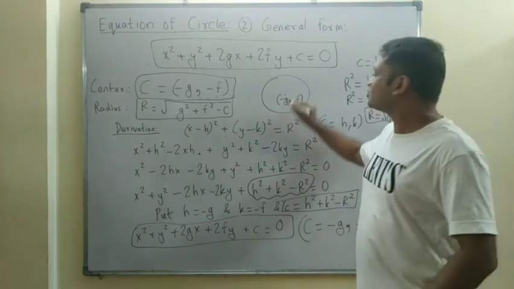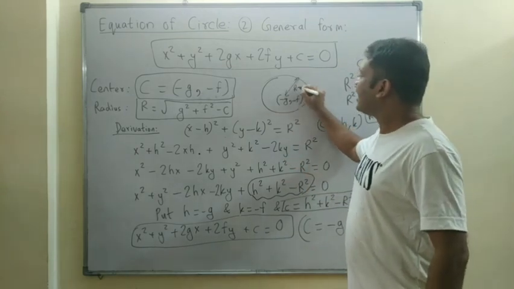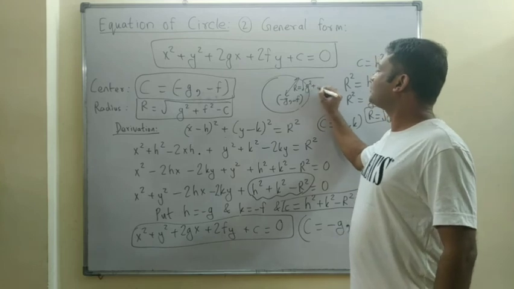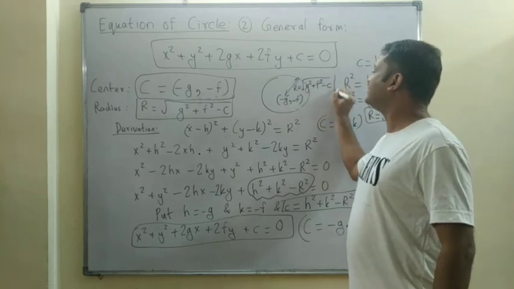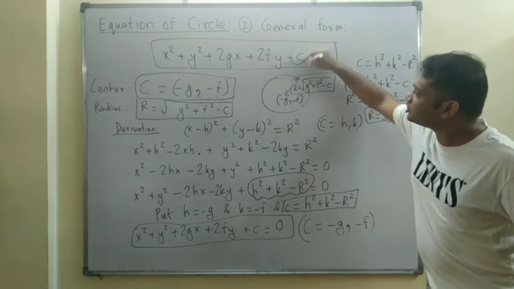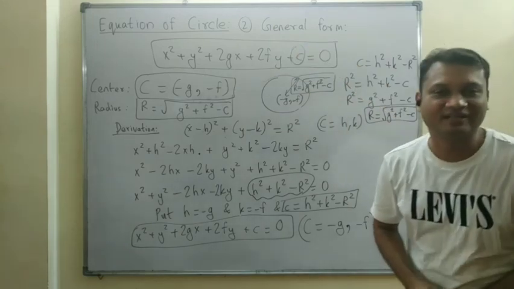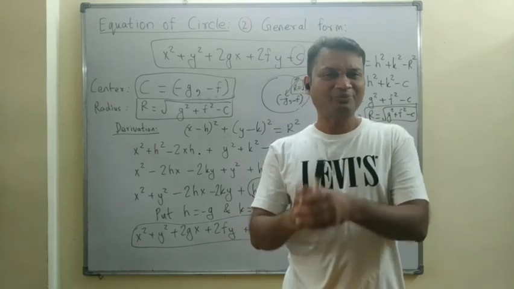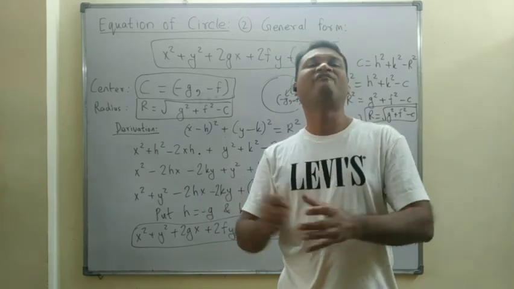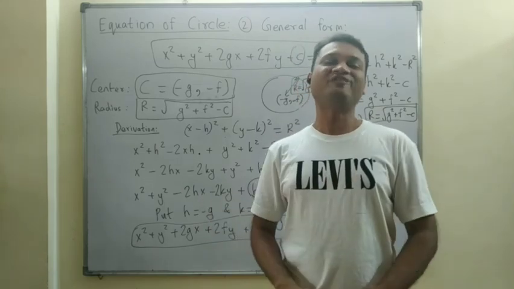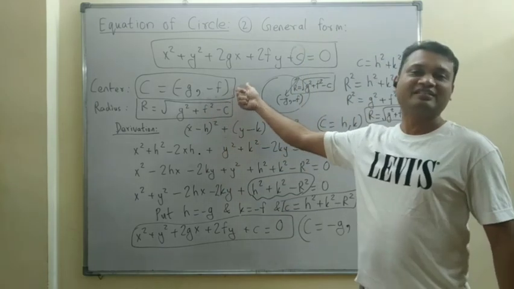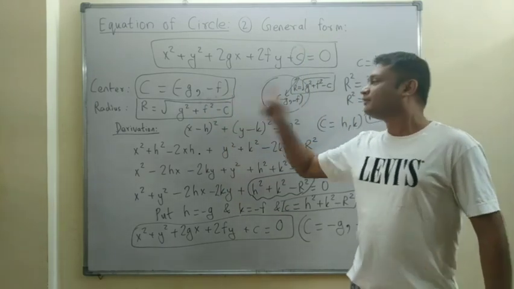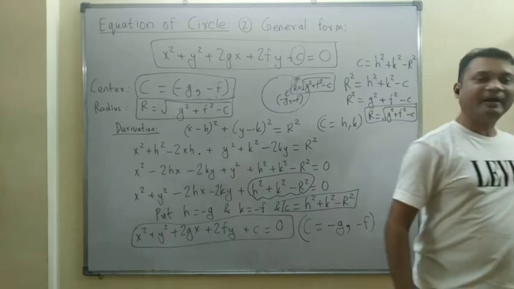And what will be the radius of circle? The radius will be r is equal to root of g square plus f square minus c, where c is a constant in the general equation of circle. So the general equation of circle comes out to be x square plus y square plus 2gx plus 2fy plus c is 0, where the center of circle is minus g comma minus f, and the radius of circle is root of g square plus f square minus c.